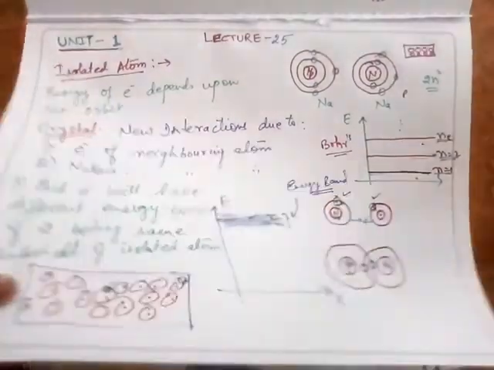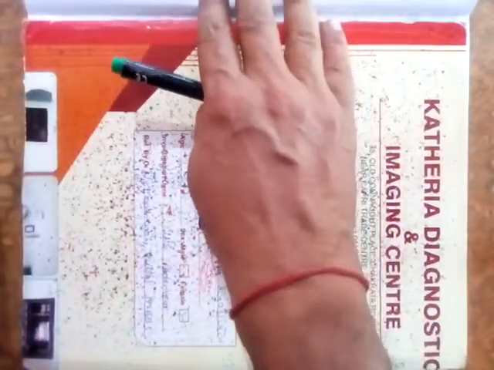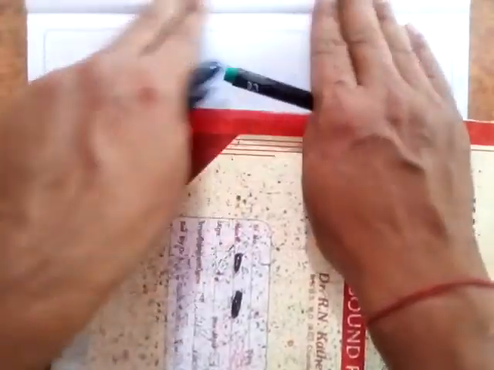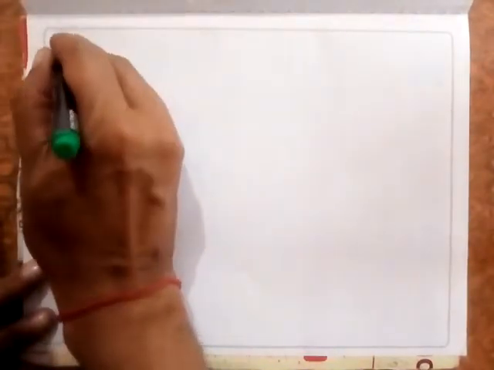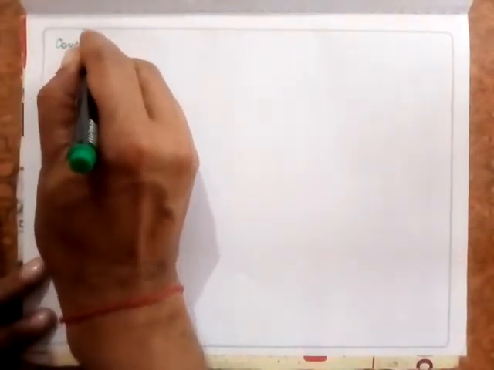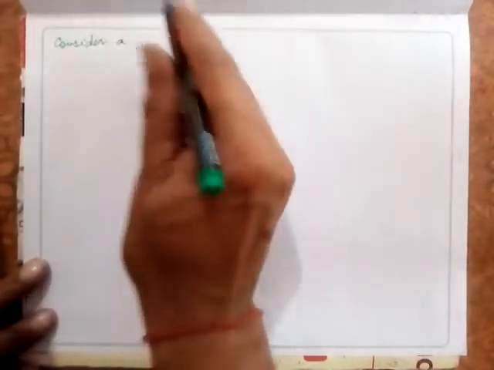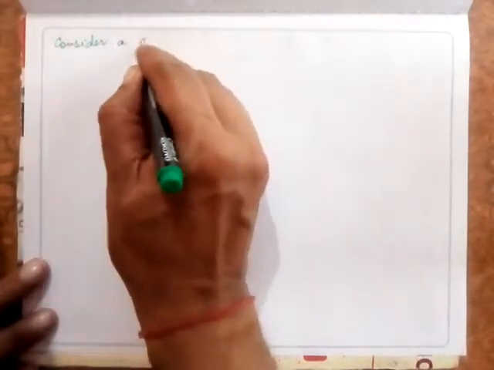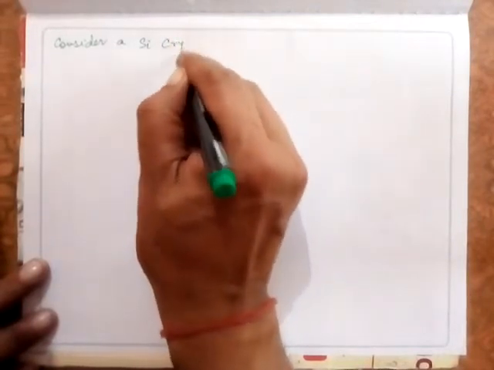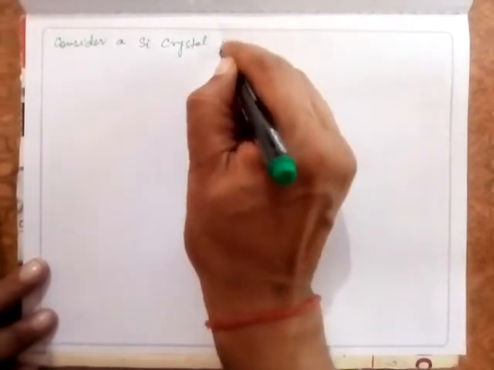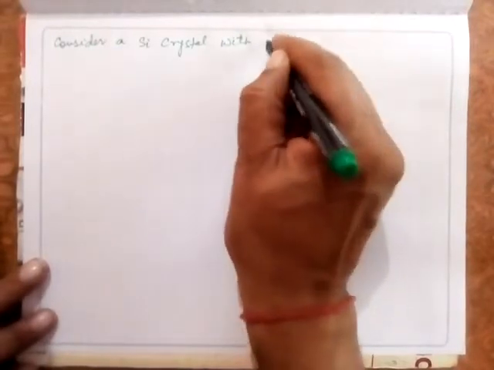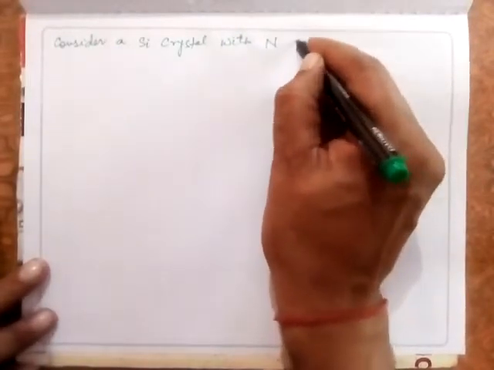So let's take an example of a semiconductor. Suppose I say consider a silicon crystal with n silicon atoms.